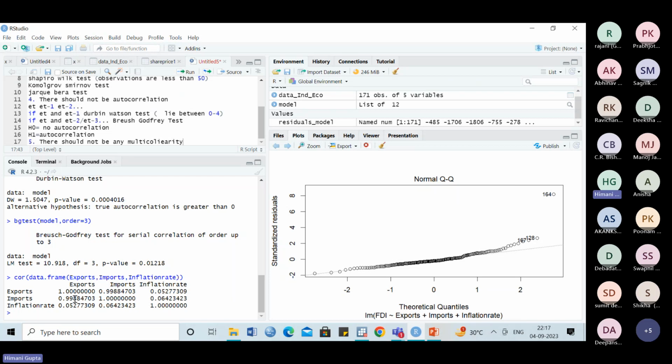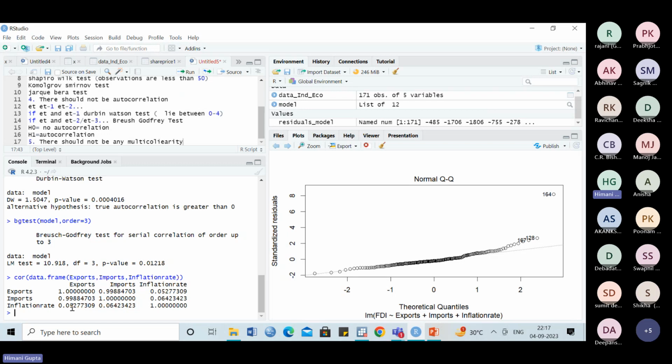So that means my first model will be FDI equals exports and inflation rate. And the second model will be FDI equals imports and inflation rate. Then I'm going to compare these two models, which is giving me better results. If I see inflation with exports, less correlation is there, 0.05.